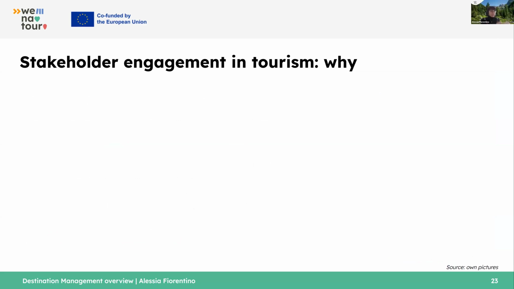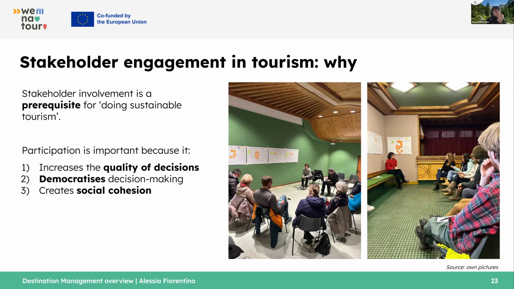But let's see why a general involvement of stakeholders in tourism is important. Because without engagement, you cannot really be sustainable, right? Participation increases the quality of decisions, which then become shared decisions. It democratizes decision-making and creates social cohesion, the trust we talked about earlier.